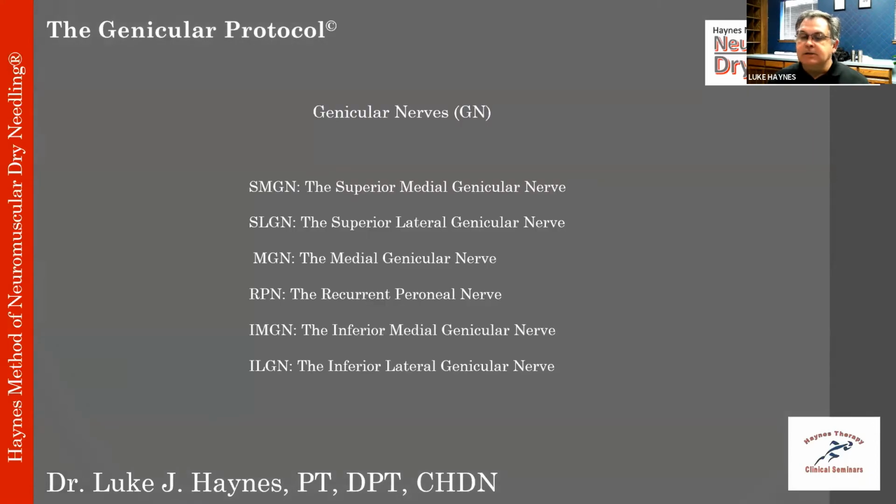So first we're looking at the six genicular nerves: the superior medial genicular nerve, superior lateral genicular nerve, the medial genicular nerve, the recurrent peroneal nerve, the inferior medial genicular, and the inferior lateral genicular nerve.